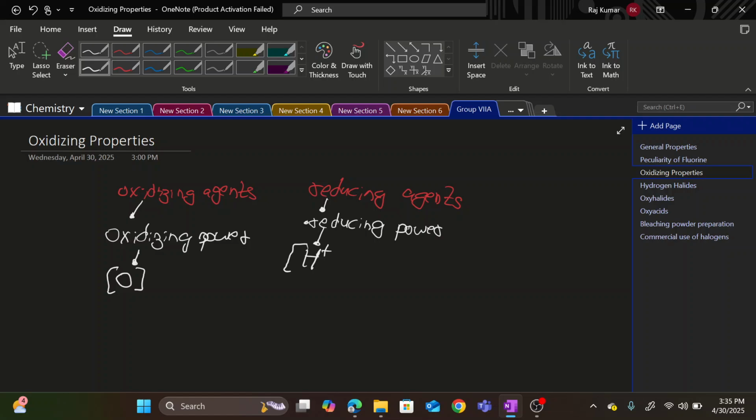So if a halogen is having an oxygen, then it is in an oxidized state.